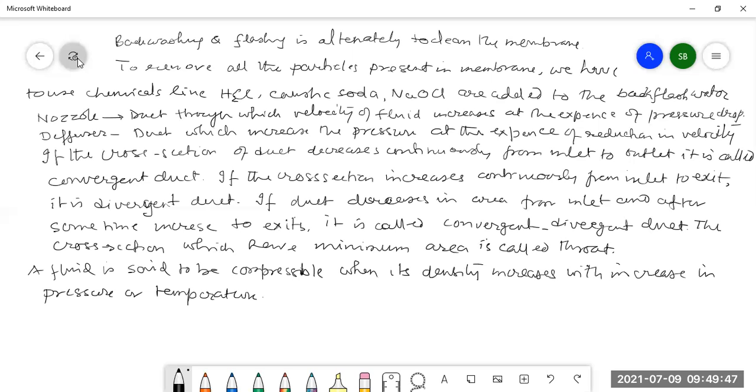It is incompressible when it does not change its density at all.